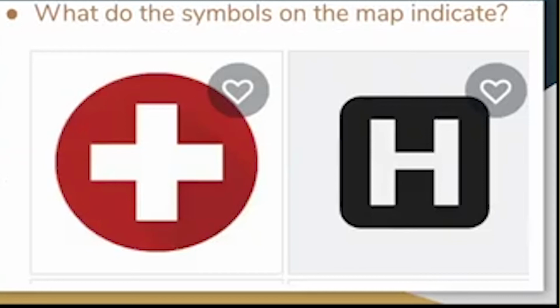Okay, now what do the symbols on the map indicate? Various symbols are there on the map, and the symbols used on a map indicate various places. For example, here is the sign of a hospital.